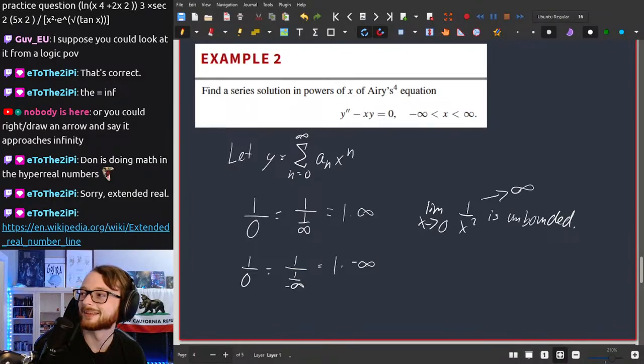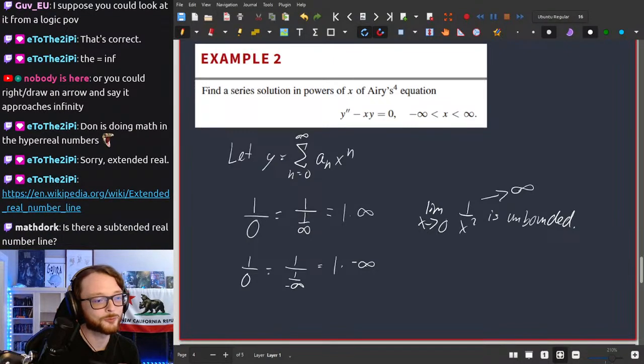Yeah, there's a certain sense where you could have... I mean, infinity gets even more complicated if you want to talk about complex numbers as well. Because in real numbers you could get infinitely big or infinitely small. With complex numbers you can get infinitely big in any 360-degree direction. Subtended real number line?